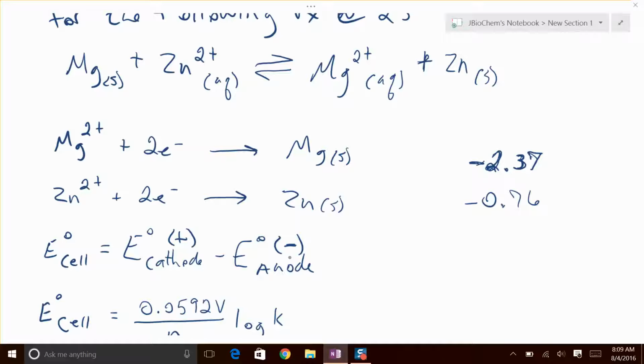What's the N? So that's the other thing. You're going to have to balance this equation, which is balanced, right? But you have to determine the number of electrons that are transferred from one side to the other. It's moles of electrons. So how many moles of electrons are transferred from one side to the other? You can pretty much see what it is. You're going from 0 here to 2 plus, and from 2 plus here to 0.